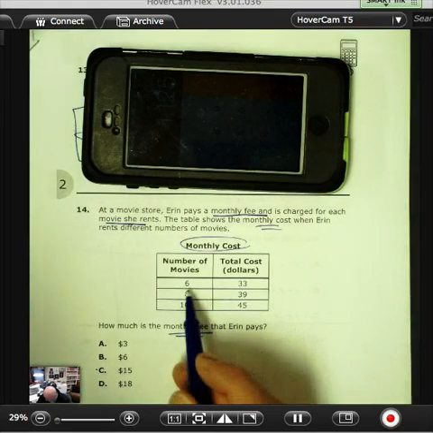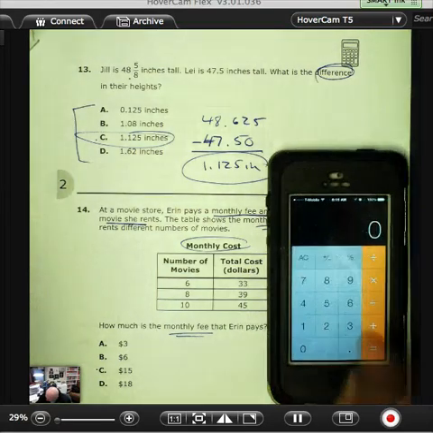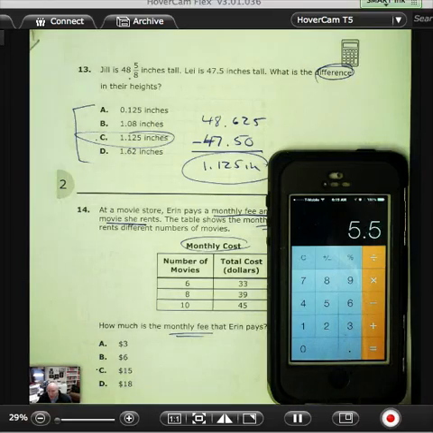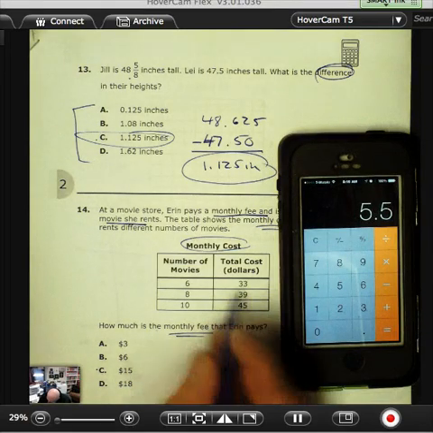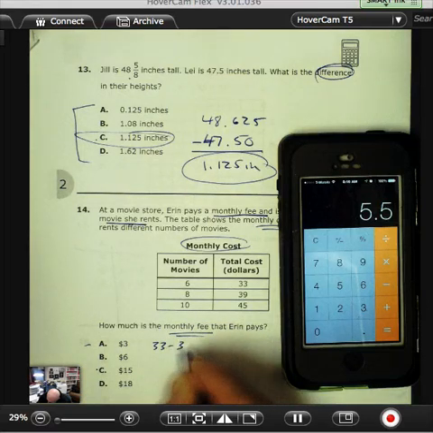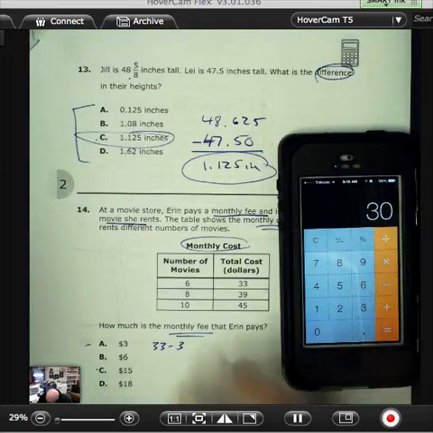So for example, I could just do this and go, well, $33 divided by 6 would equal $5.50 per movie, but that would leave no money for this monthly fee that she has to pay. So what I'm going to do is subtract the different monthly fees they've given me here. So I'm going to take 33, minus 3. 33 minus 3 is 30.